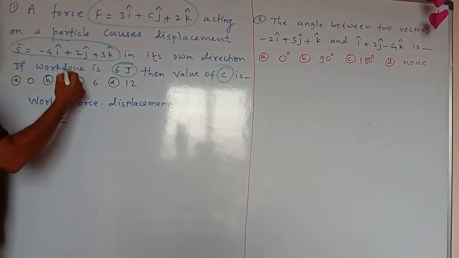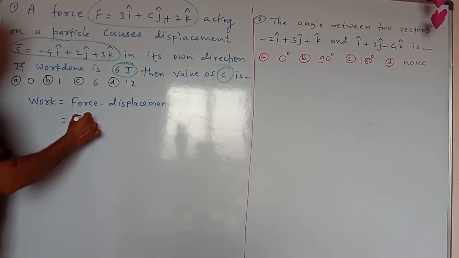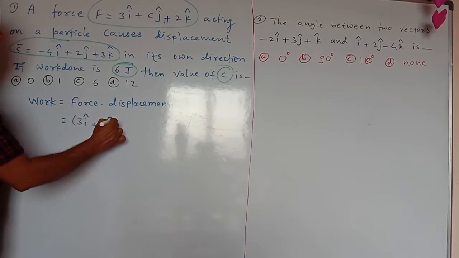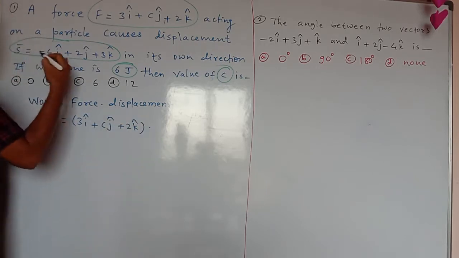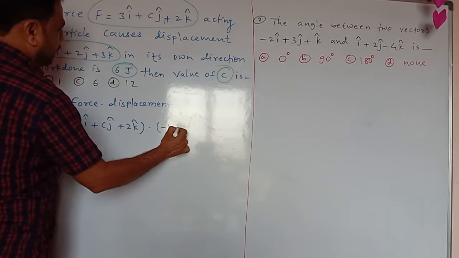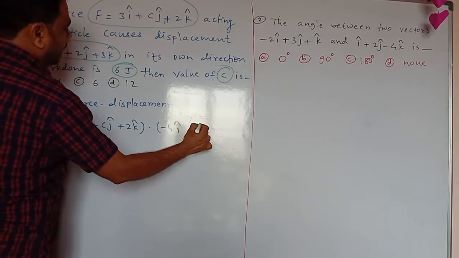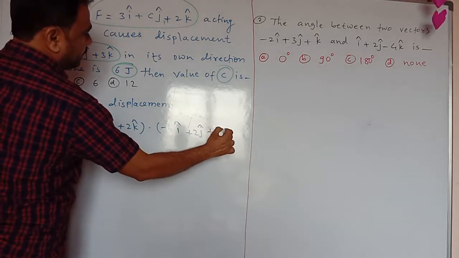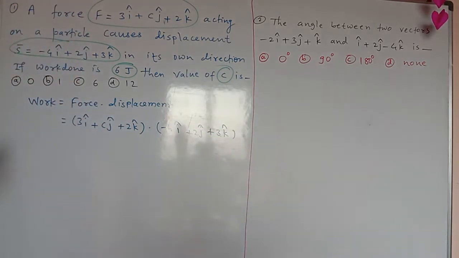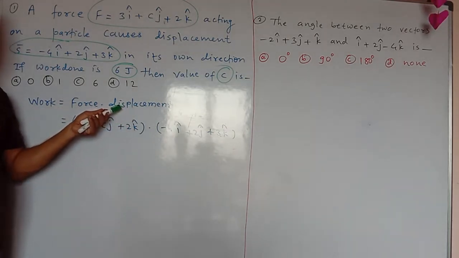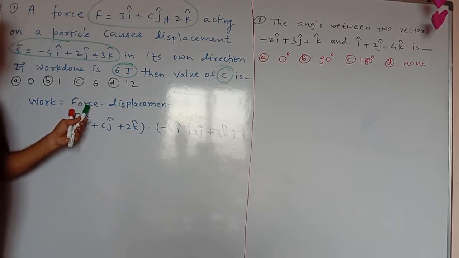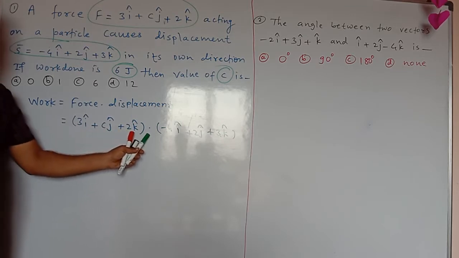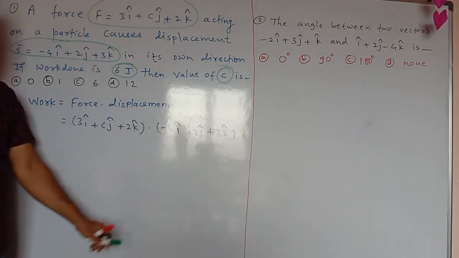The force is given as 3i cap plus c j cap plus 2k cap, dot, and the displacement is given as minus 4i cap plus 2j cap plus 3k cap. So work is equal to force dot displacement. Here the product is definitely a dot product, so you put the value of force here, dot, and the value of displacement here.